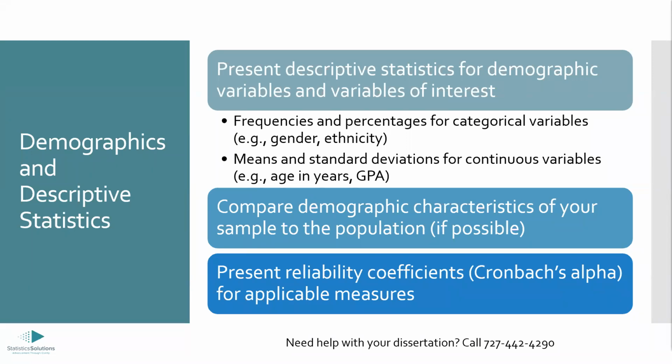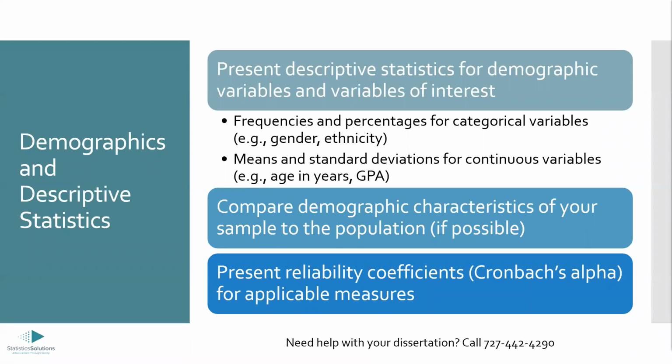So you'll want to present relevant descriptive statistics for your demographics and your variables of interest, or the variables in your research questions. So you may want to present frequencies and percentages for categorical variables. So those would be variables like gender or ethnicity. And then statistics like means and standard deviations for continuous variables such as age in years or GPA.